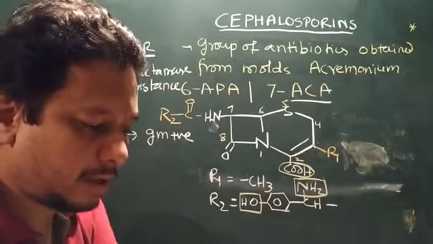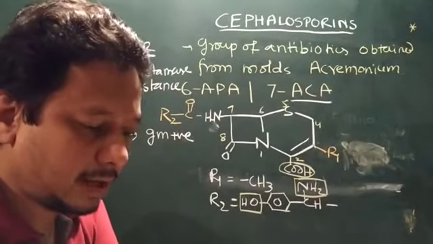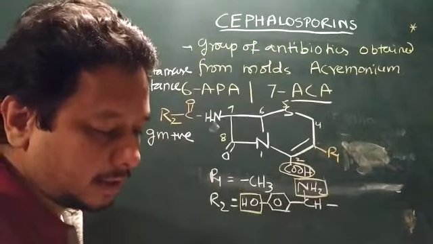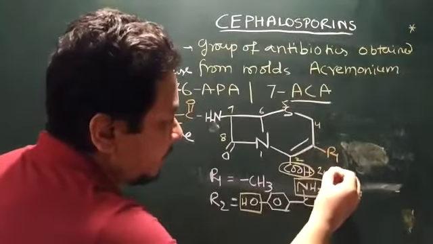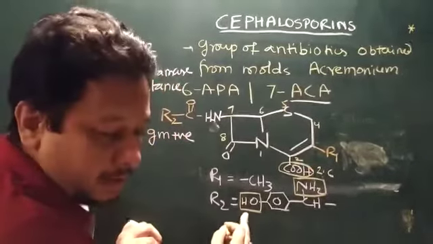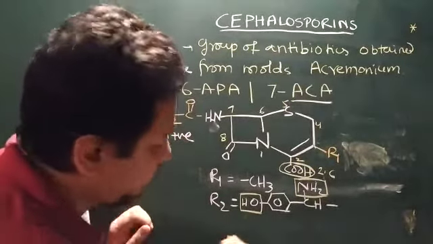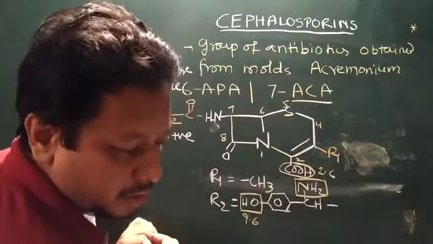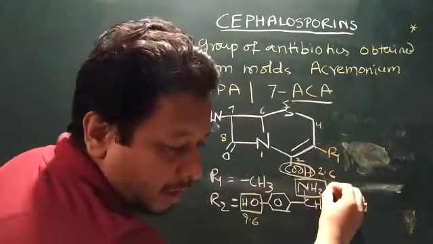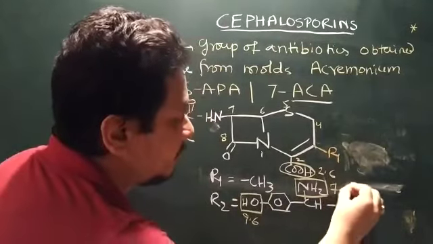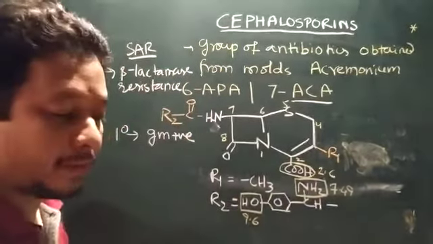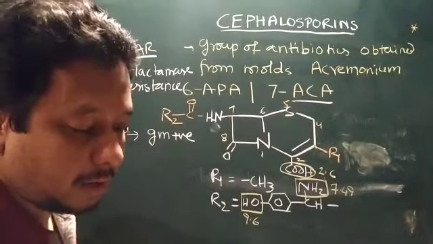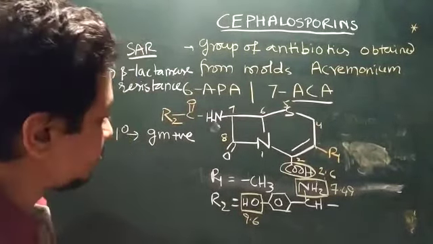So what are the pKa values? If you see carefully, one is extremely acidic, that is 2.6. One is intermediate, around 9.6, and this is the amine, which is around 7.49.